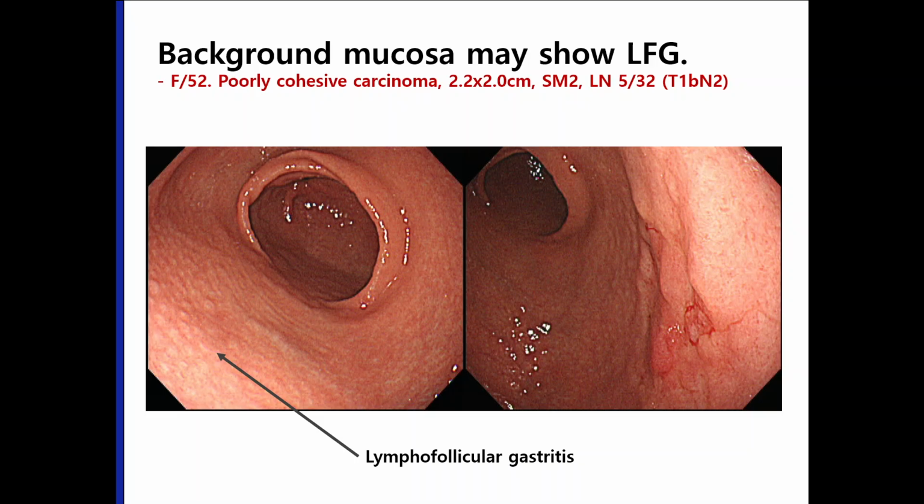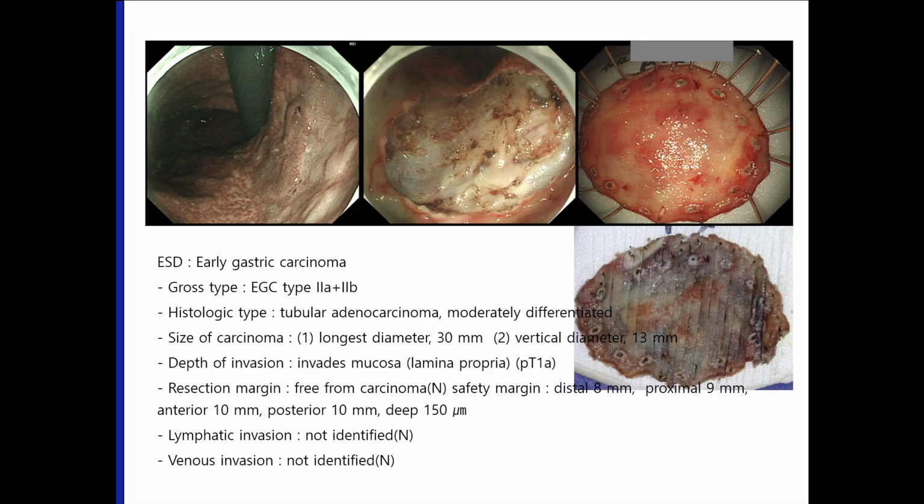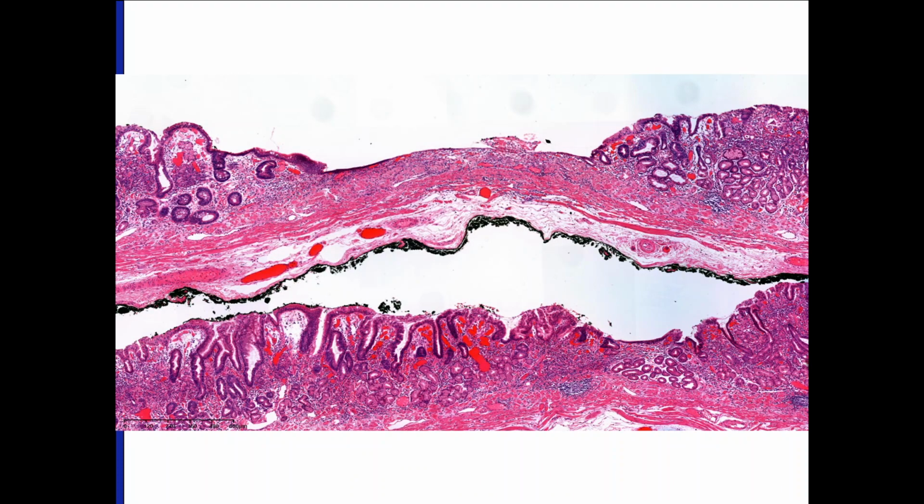You can see prominent lymphofollicular gastritis in the antral mucosa of a lady with a submucosal cancer. Gastric cancers can develop in the background of atrophic gastritis. When there is a focal non-atrophic area, it can be EGC 2B or 2C.